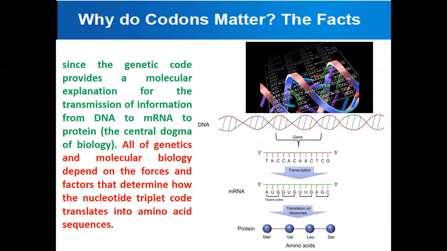Why do codons matter? The first fact is that, according to the central dogma, the genetic code provides a molecular expression for the transfer of information from DNA into messenger RNA and to the protein.